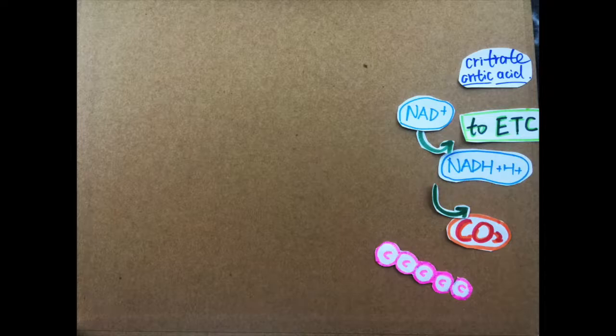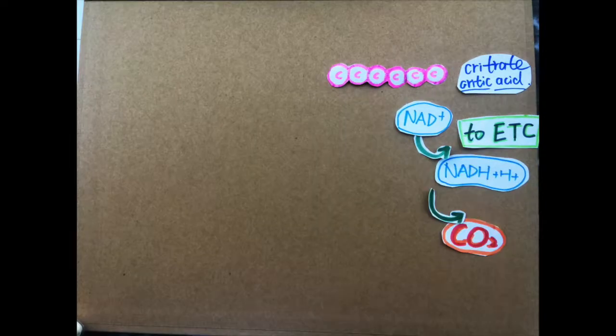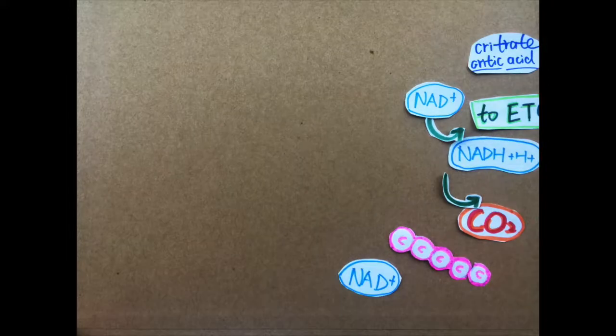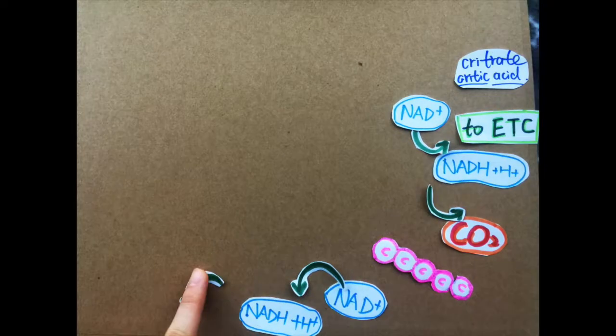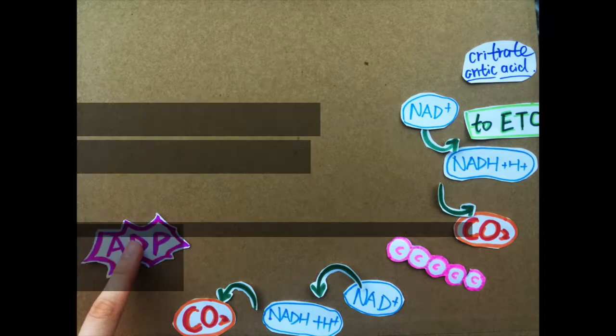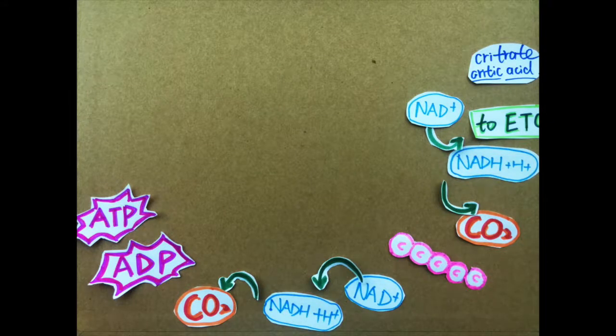All the protons generated by the Krebs cycle are sent to the cristae, to the electron transport chain, ETC. Third, a 4-carbon compound molecule is formed as a second NAD+ is reduced to NADH+. Fourth, an enzyme catalyzes production of ATP by adding inorganic phosphate to ADP.